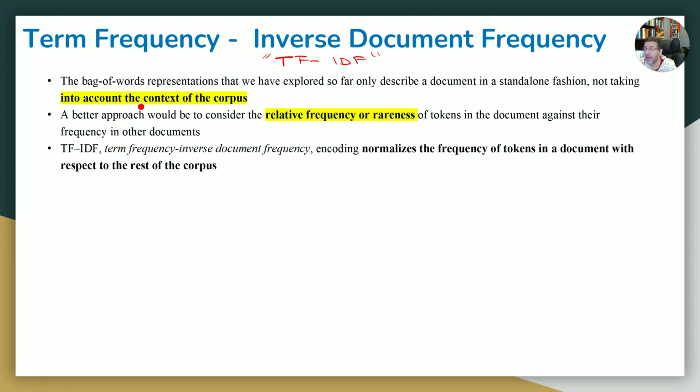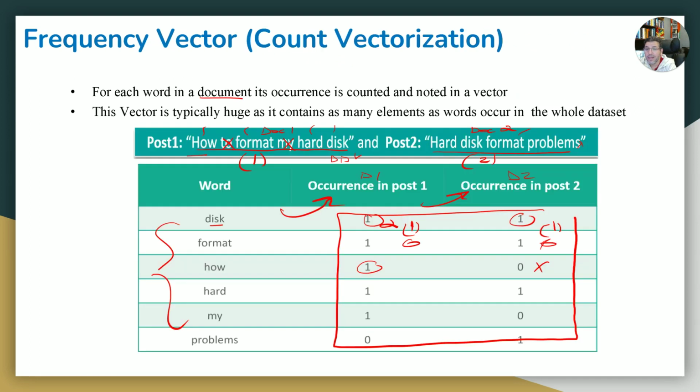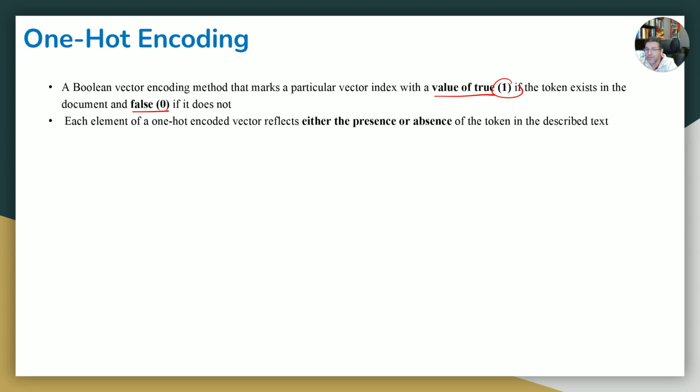Count vectorization methods, whether frequency vector or bag of words, don't consider how important a token is to its documents or across the entire corpus. They simply find the occurrences, or the 0s and 1s.